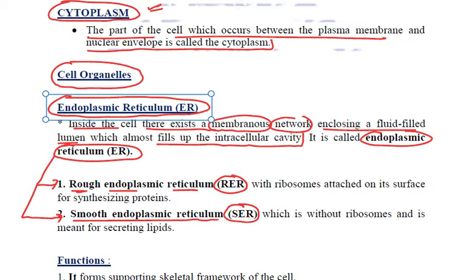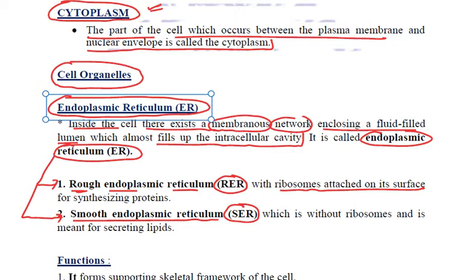Now this RER, or the rough endoplasmic reticulum, has ribosomes attached on its surface. That is why the outer surface is rough. Now these ribosomes which are attached, we know the function of ribosomes, that is for synthesizing proteins.